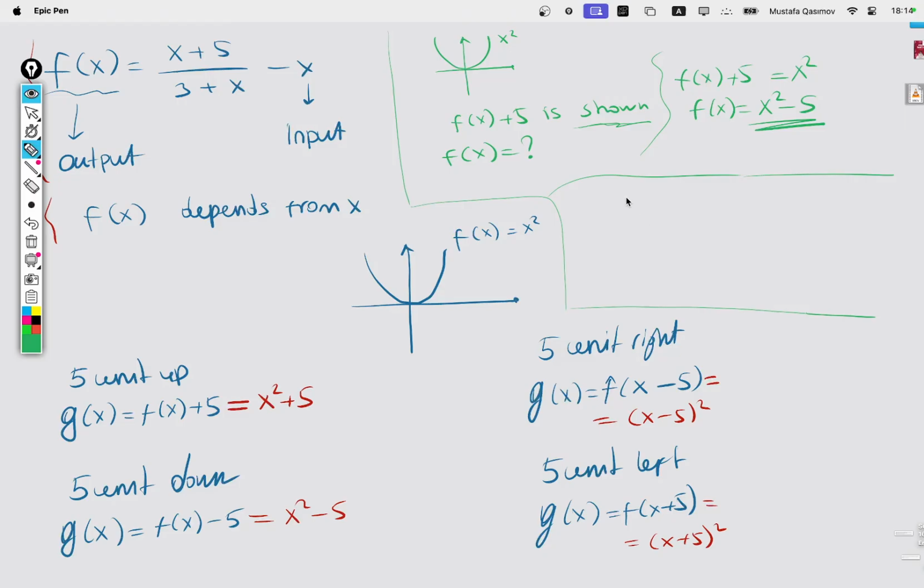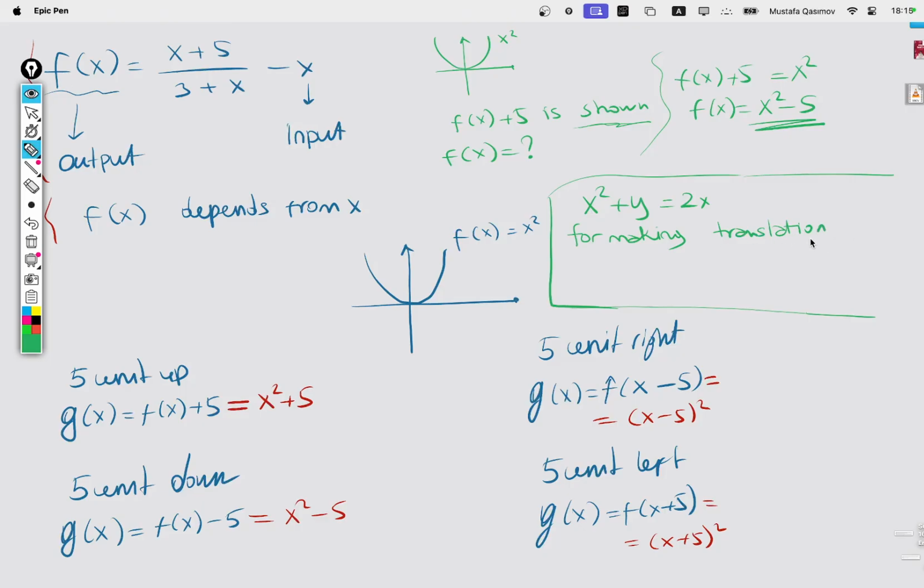And another important thing here, if it is like this, for making transformation or translation, actually both of them, not the same but similar.